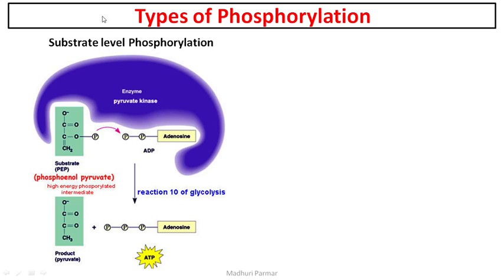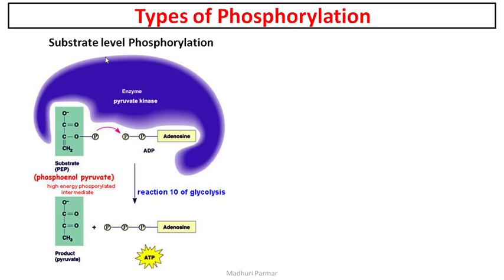It is when an enzyme like pyruvate kinase of glycolysis, where the substrate is PEP, phosphoenolpyruvate, gives the phosphate group attached to the substrate to ADP. Then it is called substrate level phosphorylation. From the substrate, phosphate is transferred to ADP and this gives you ATP.